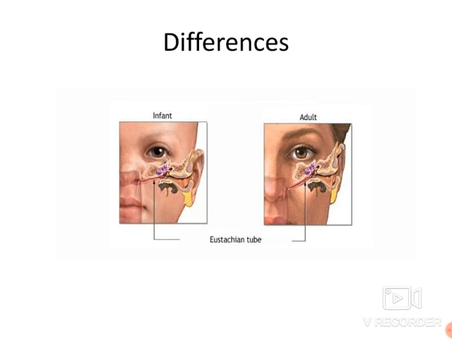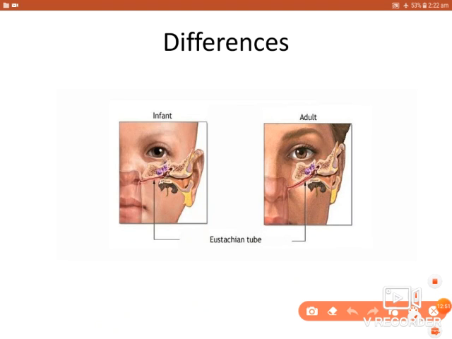Then coming to the difference in length and direction in children and adults. In children the tube is wider and more horizontal. See, here the tube is more horizontal. In adults the tube is oblique, and its length is 36 millimeters.